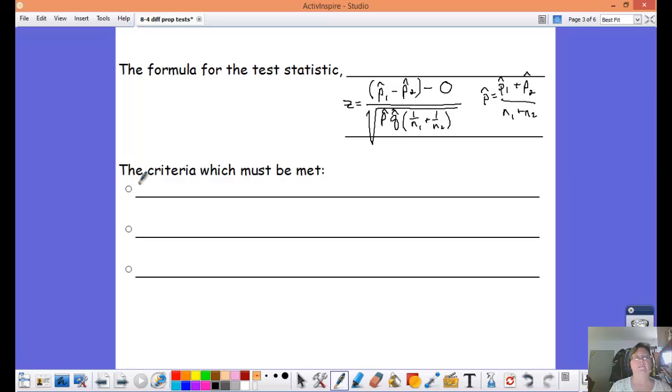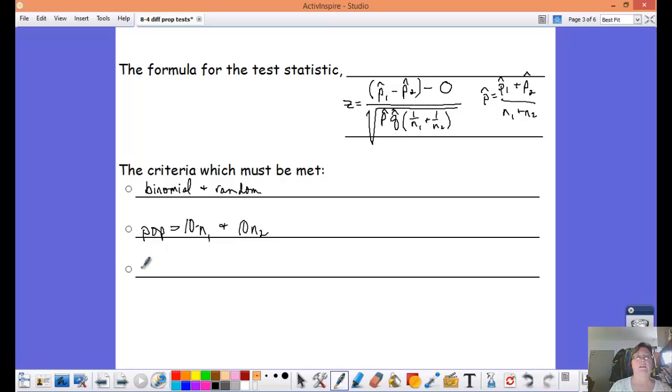Alright, the criteria that have to be met are very similar to what we've seen before. Trials must be binomial and random. The population must be significantly larger than the sample sizes, at least 10 times larger than n1 and 10 times larger than n2.